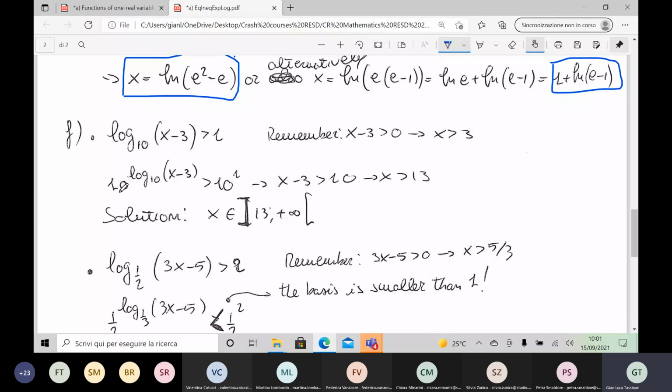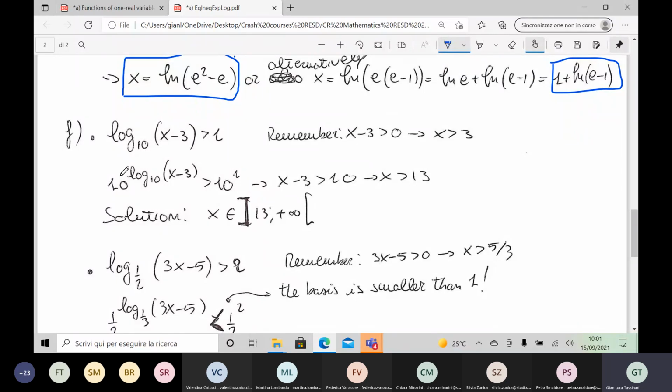Okay, when you take the exponential transform with basis 10 of both sides, guys, and you have an inequality, you have to pay attention. The direction of the inequality is not changed. Why? Because the same reasoning I followed to explain the logarithmic transform with basis bigger than 1 or between 0 and 1 also applies for the exponential transform.